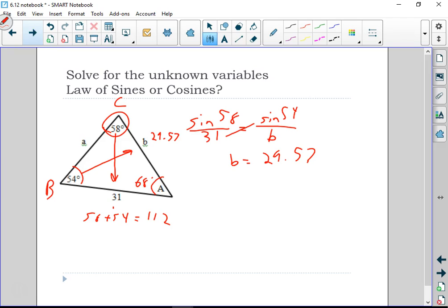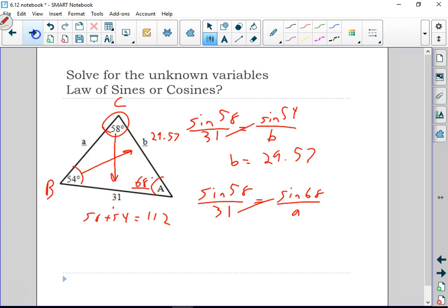Now I'm going to do it all over again, except using the 68. So I'm going to start off again with sine of 58 over 31. Now I could use b now, but since this is a whole number, it's easier to start with that one. It's not rounded. Equals sine of 68 over a.